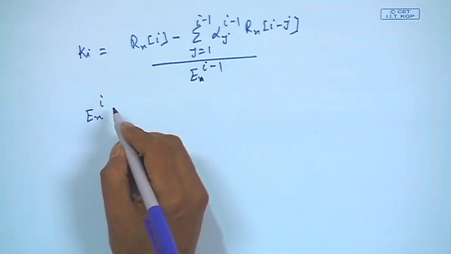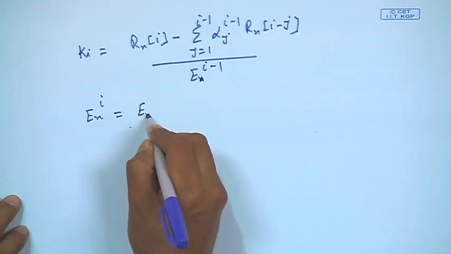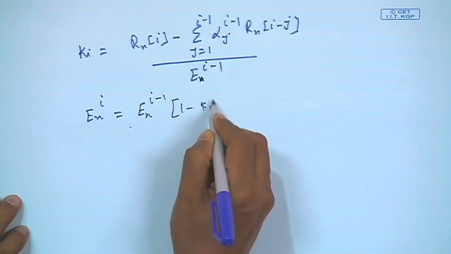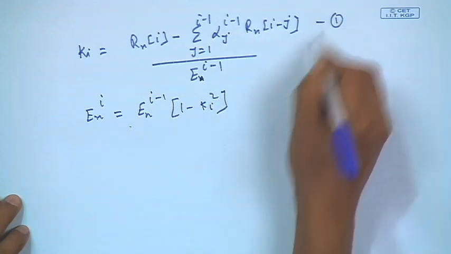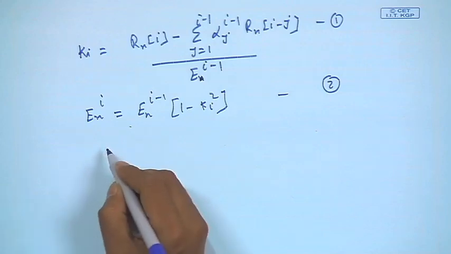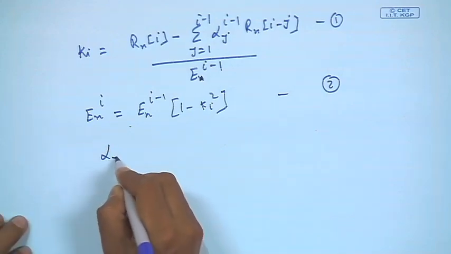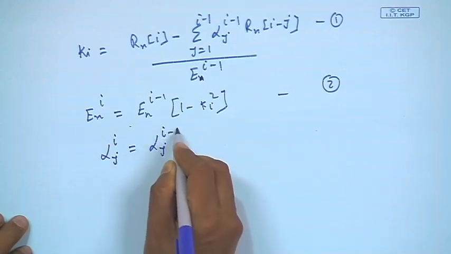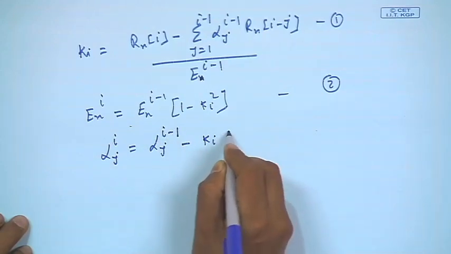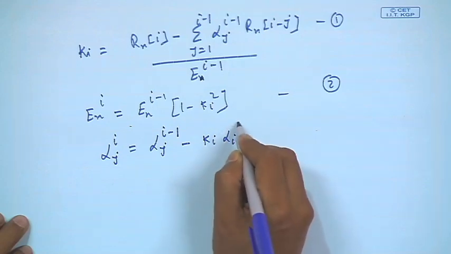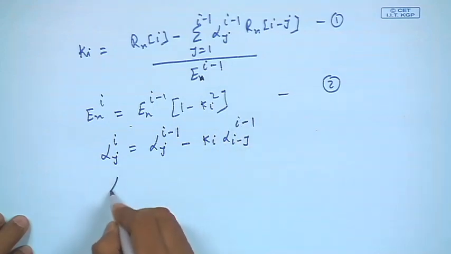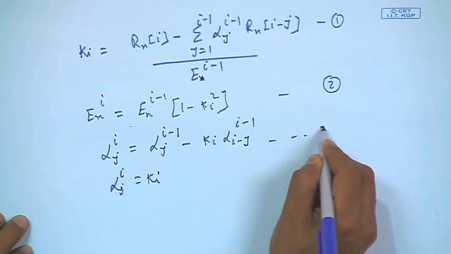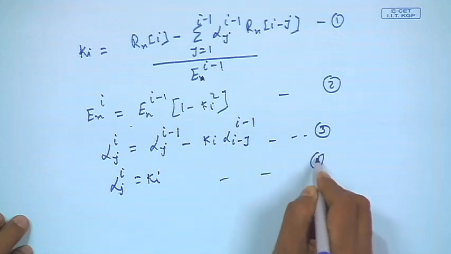E n I is nothing but E n I minus 1 into 1 minus k I square. So, this is equation number 1, this is equation number 2. Then alpha j I is equal to alpha j I minus 1 minus k I alpha I minus j I minus 1, and alpha I I is equal to k I. This is the 3, this is the 4 equation.